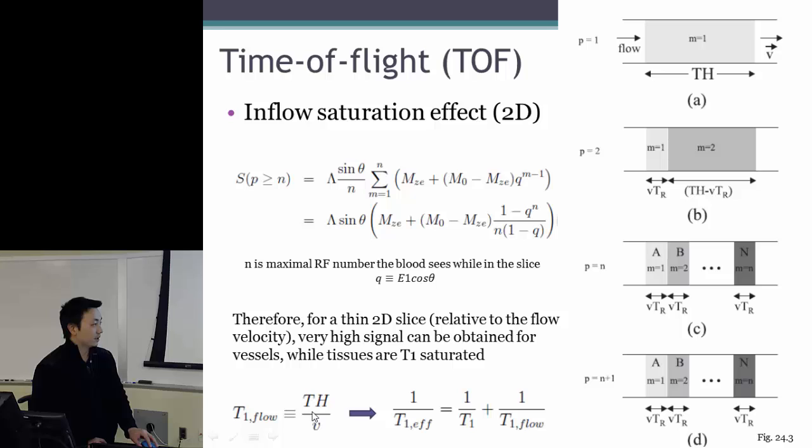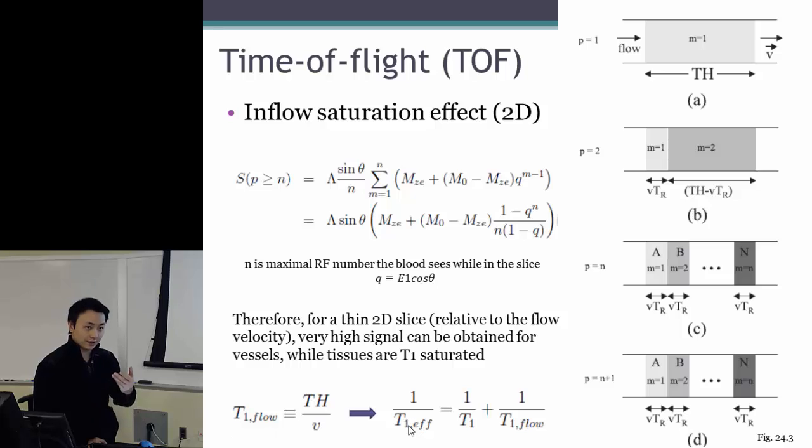So if we have a faster flow here, we'll have a smaller T1 term that is related to the flow. For a smaller T1 flow, we will have a larger term in here, as it's an inverted value, and that means the effective T1 will also become smaller.